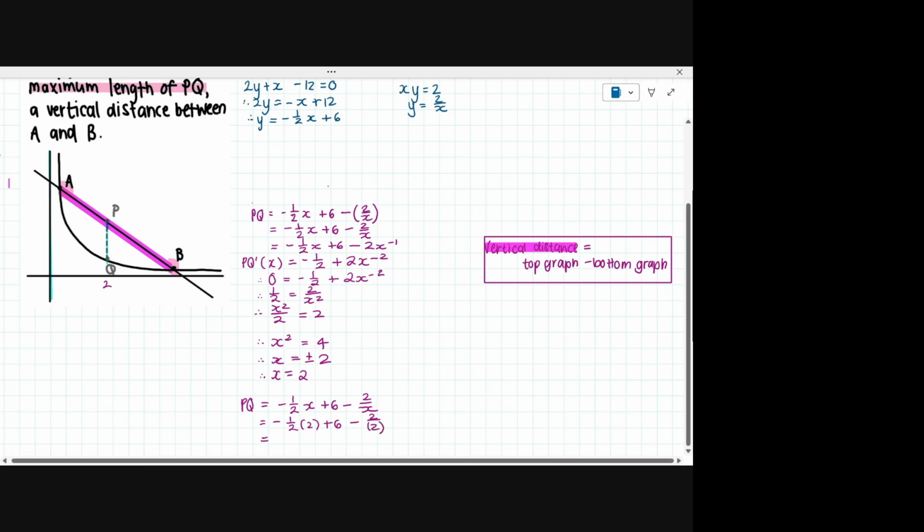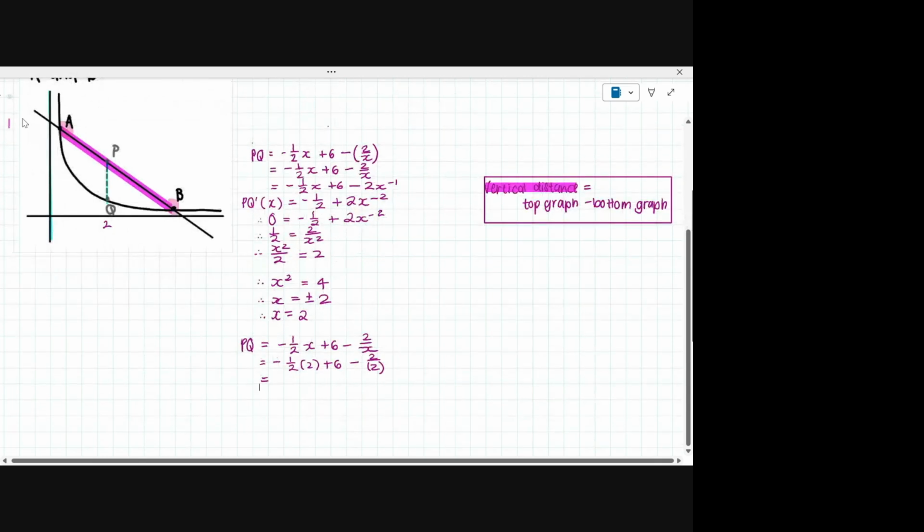And that gives you negative 1 plus 6, which is 5, minus 1, which is 4. So the maximum length between straight line and hyperbola for those specific equations we've been given is where x is equal to 2, and it produces a maximum length of 4 units. Hey, look at that. It actually ended up being exactly what I said earlier.